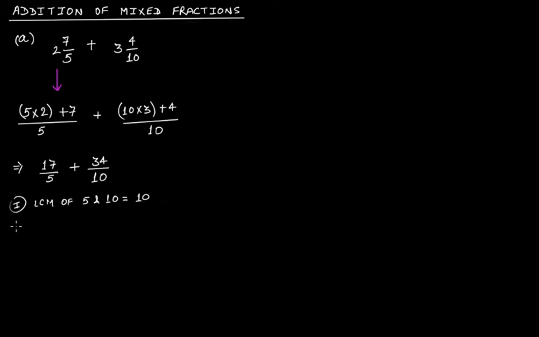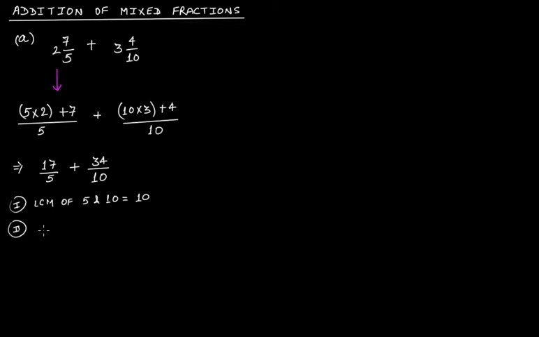Second step is what? You have to find the equivalent fraction of this one having denominator as 10. So in order to find an equivalent fraction of this fraction having denominator as 10, by what number should you multiply 5 so that its denominator becomes 10?